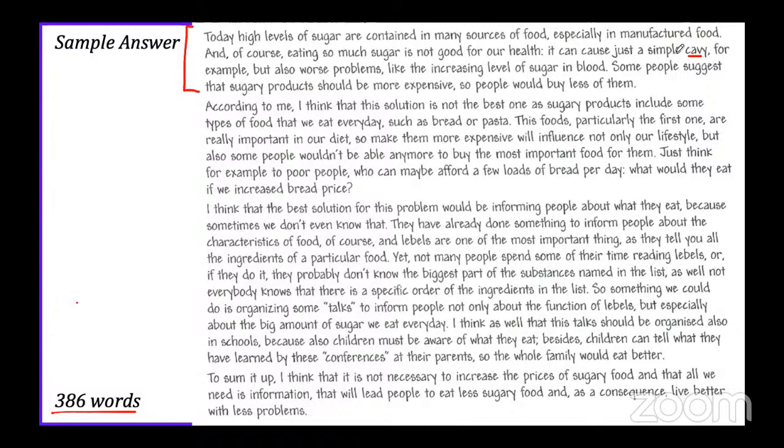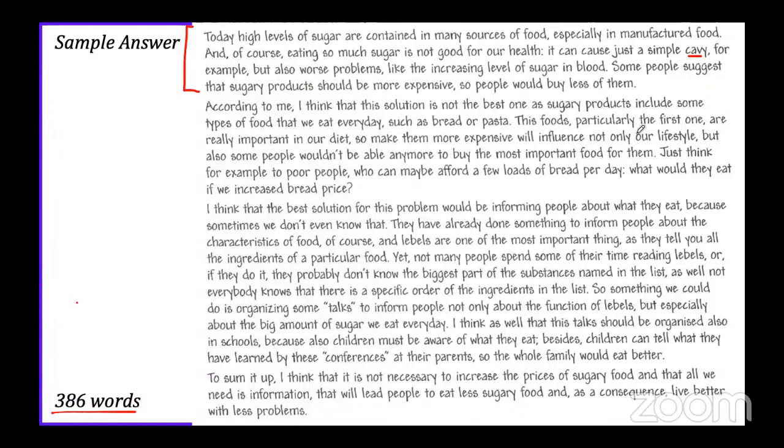So, in the first paragraph, introduction paragraph, can you see the student's opinion? Is the opinion given? Where is the opinion?